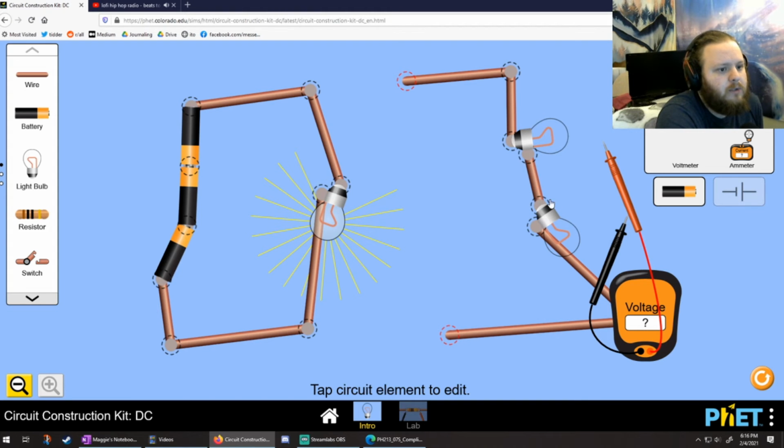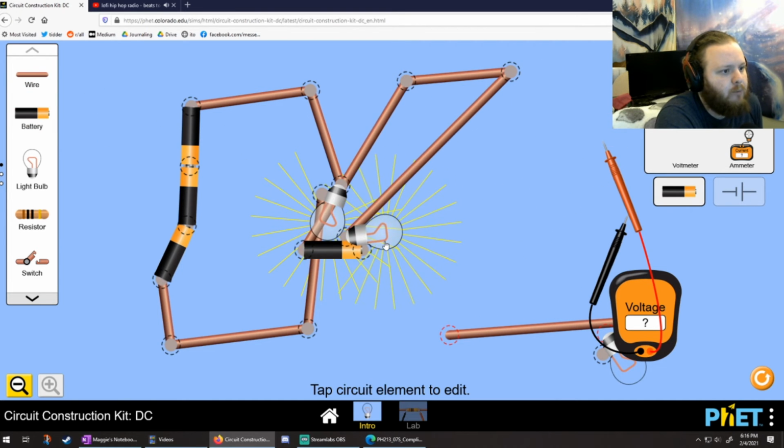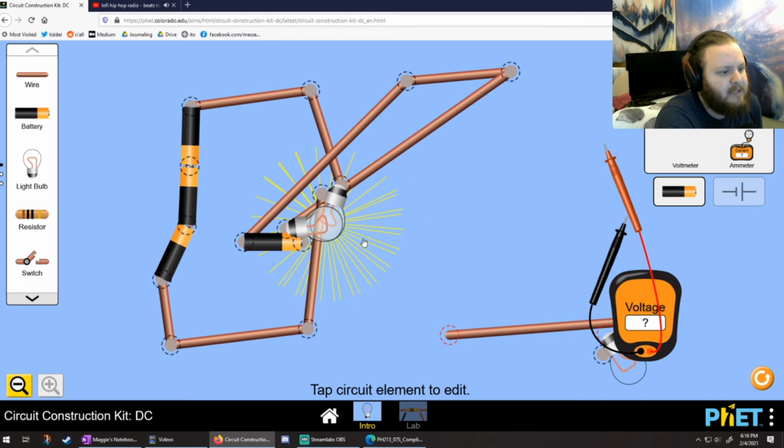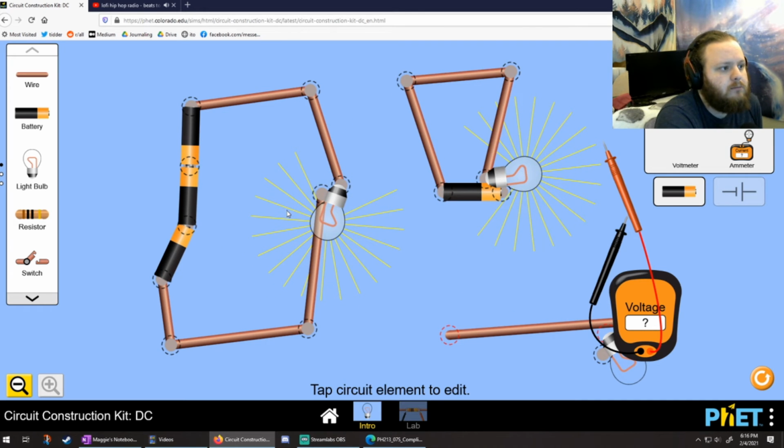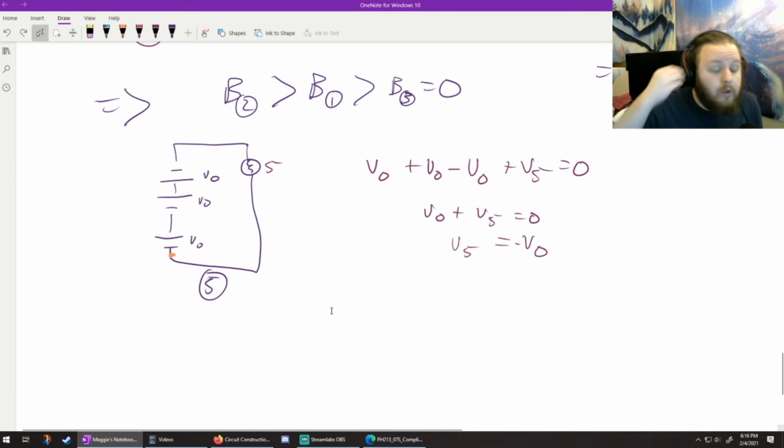So what I could do is detach you, grab another battery and stick it right here, and stick this wire here just to show what 1 brightness light bulb was again, and these are the exact same size. So that's what should happen, right? If I add and subtract to the electric potential as I go across a battery positively or negatively, it makes sense that the brightness is going to go up or down. That's kind of cool that we can do that.